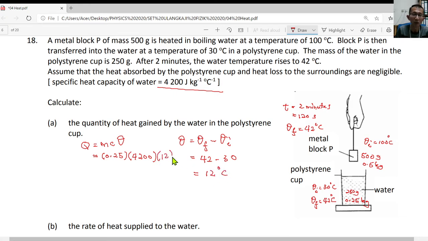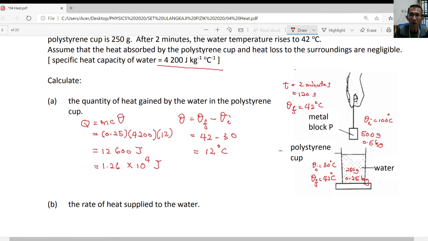Multiply by 12, and you should get 12,600 joule, or 1.26 times 10 to the power of 4 joule. That is the first question.